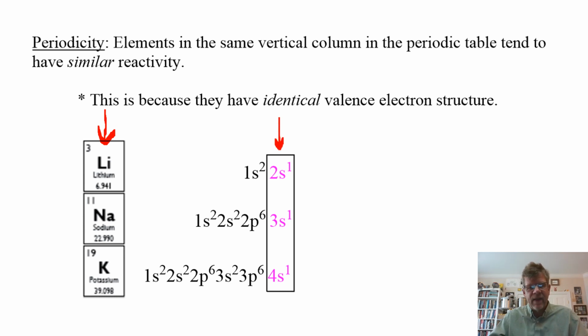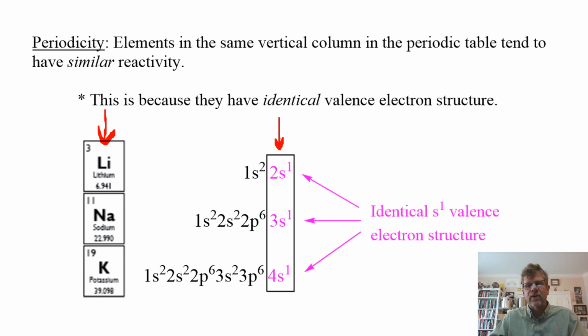All of them have that s1 identical valence electron structure. That is what we depicted in the Lewis structures of elements, that one dot, and it is the basis of the similarity in reactivity, in this case, between lithium, sodium, and potassium. This idea can be extended to the alkaline earths, the halogens, and oxygen, sulfur, all those different columns, and so on.